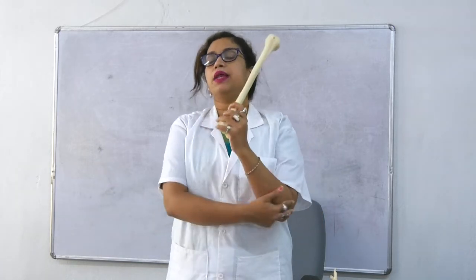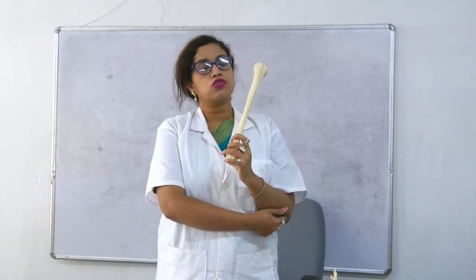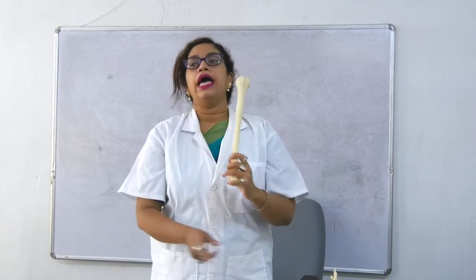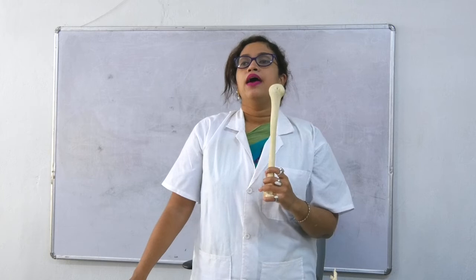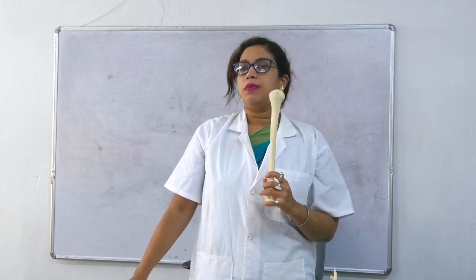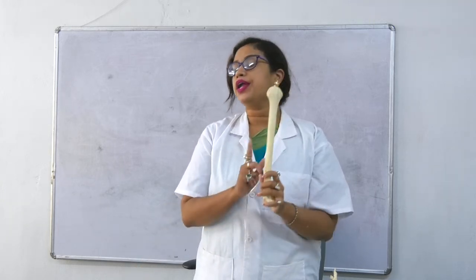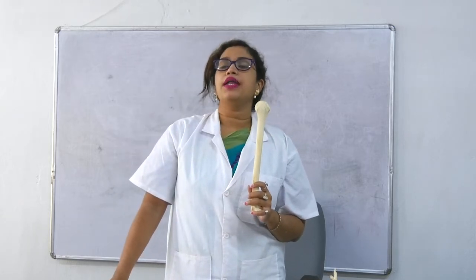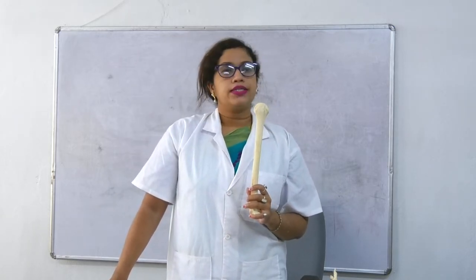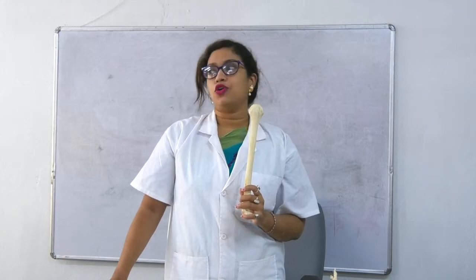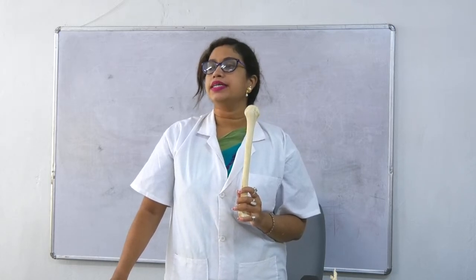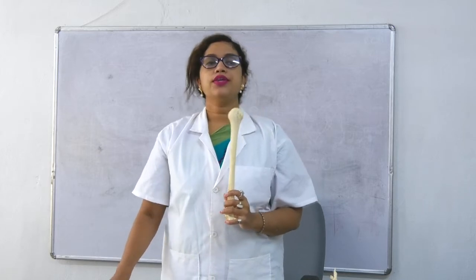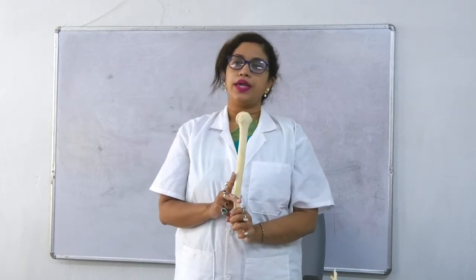In elbow joint there is anastomosis, about 5 arteries, just like knee joint. And the next one is the nutrient artery of humerus. So total 3: middle collateral artery, radial collateral artery, then nutrient artery to the humerus. These are the 3 branches of the profunda brachial artery.